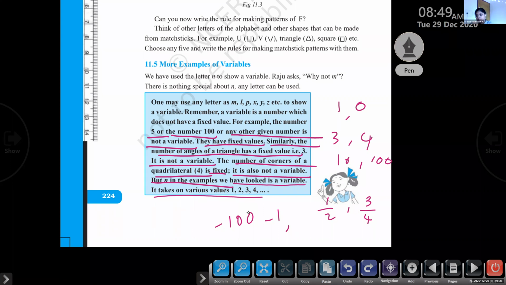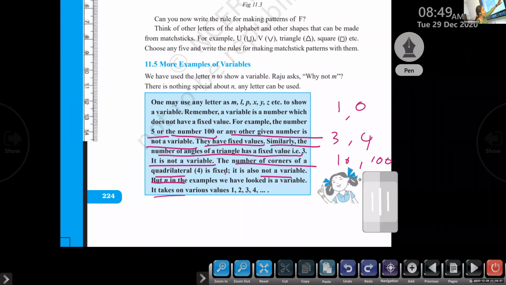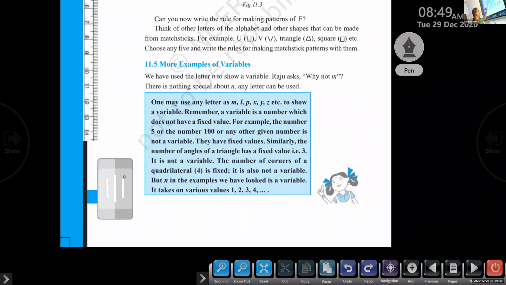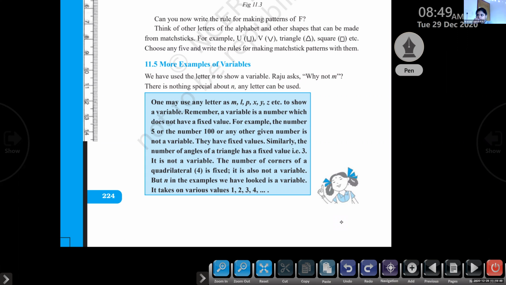Fractions, negative numbers, positive numbers are all constants, not variables. Any example of a constant? 3, 10, 1 by 2, negative 10, -5, and decimal numbers like 1.25. All these numbers have a fixed value, so they are known as constants.